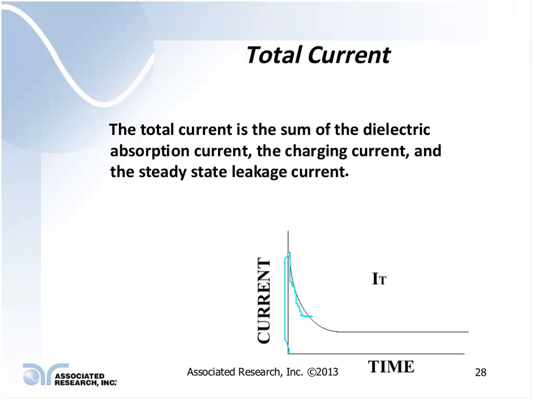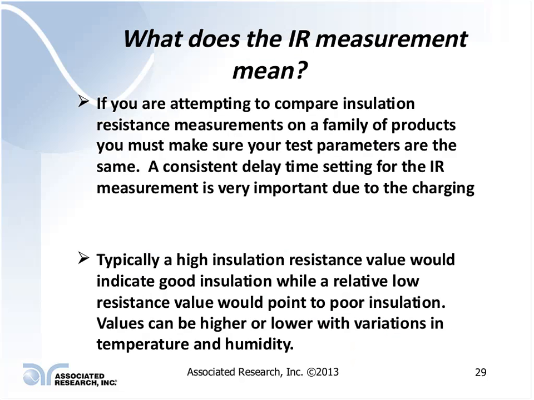Eventually it'll get to a steady state leakage current, and that's where you want to take your measurement, once this current level basically has stabilized, in order to get a true insulation resistance reading of the device that you're testing.